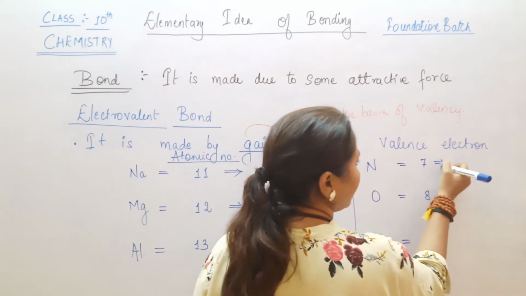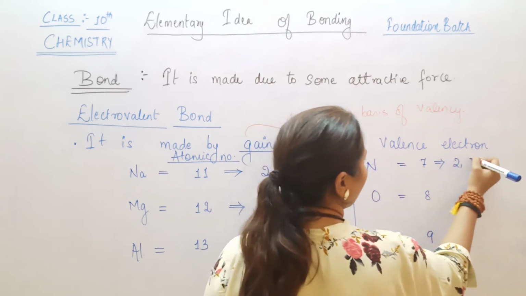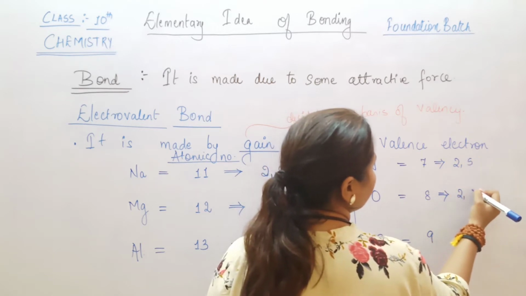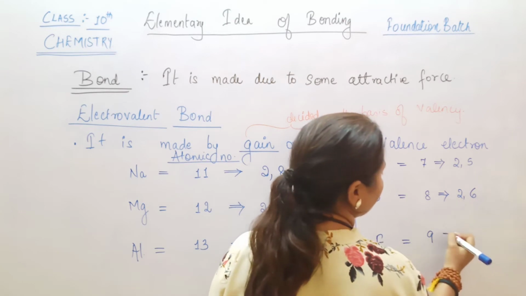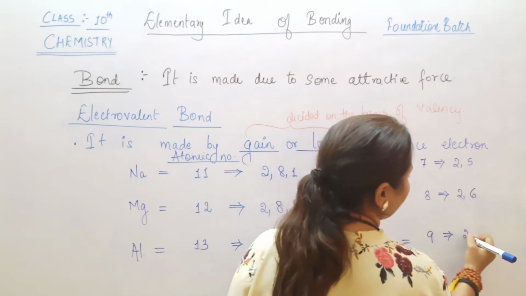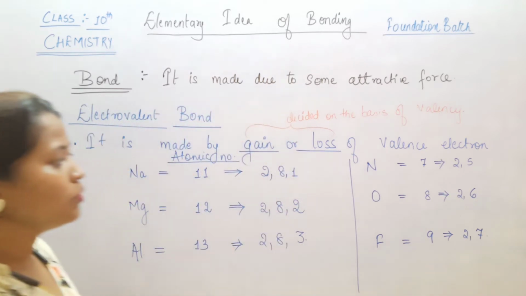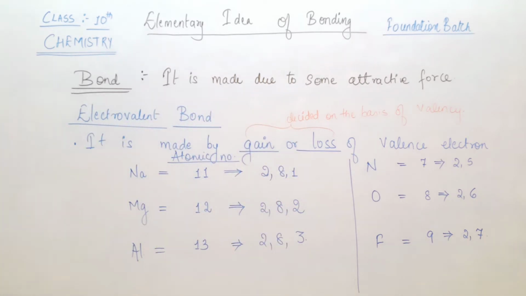So their electronic configuration is 2, 5, 2, 6, 2, 7.